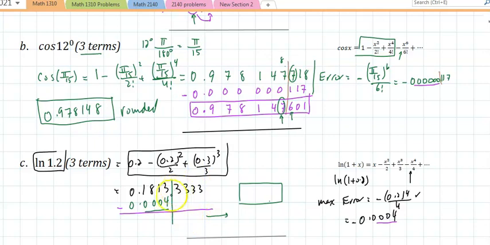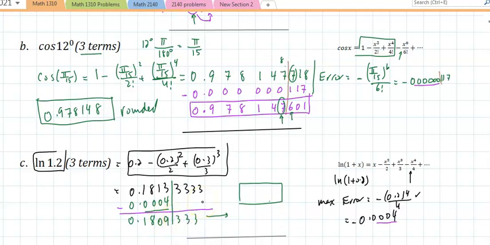So if I subtract those, you'll notice that I'm subtracting that right now. That's going to be 0.1809.